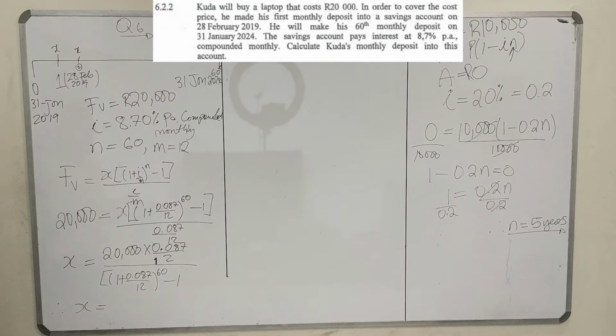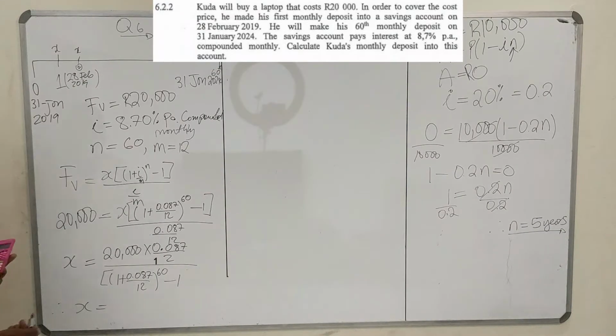Let's go. So, what is it? It will be 20,000 times 0.087 over 12 divided by 1 plus 0.087 over 12 all raised 60 minus 1.